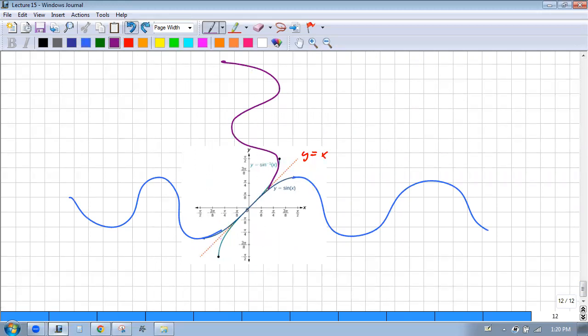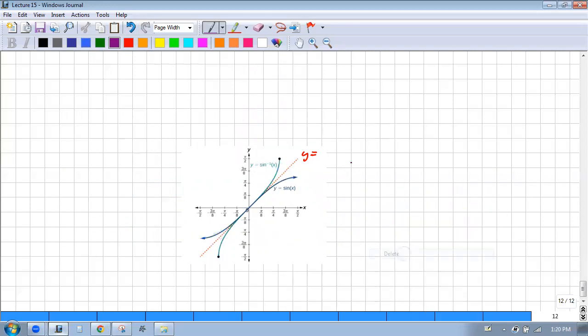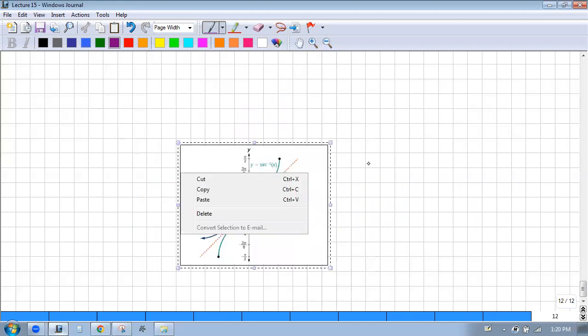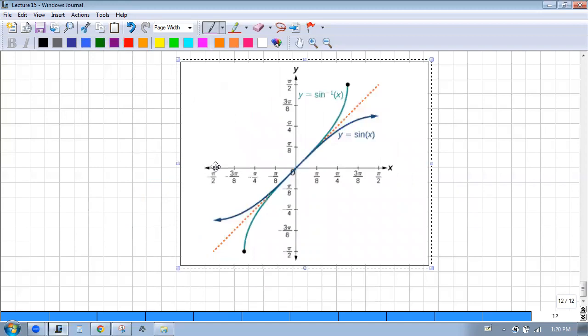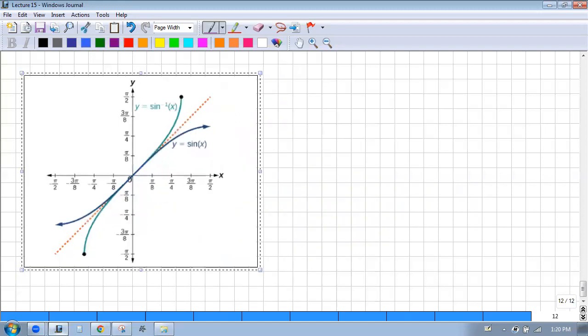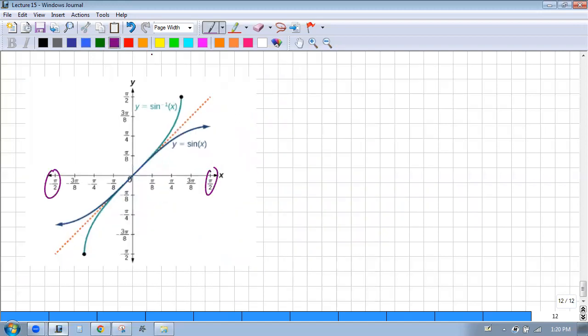So what we do is we restrict the piece of sine that we're interested in. We're going to restrict it between minus pi over 2 and pi over 2. And what's coming out here is between 1 and minus 1.